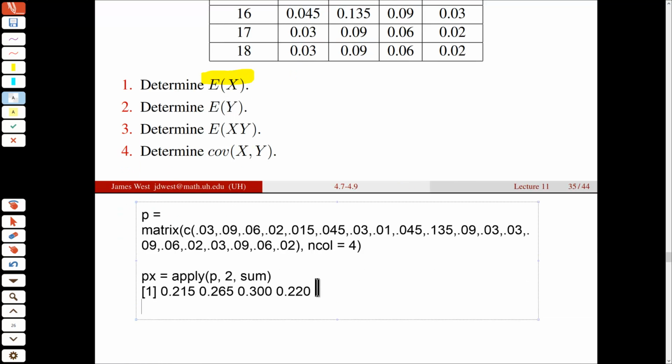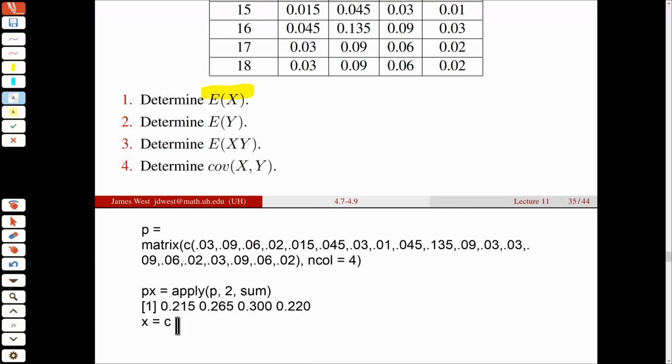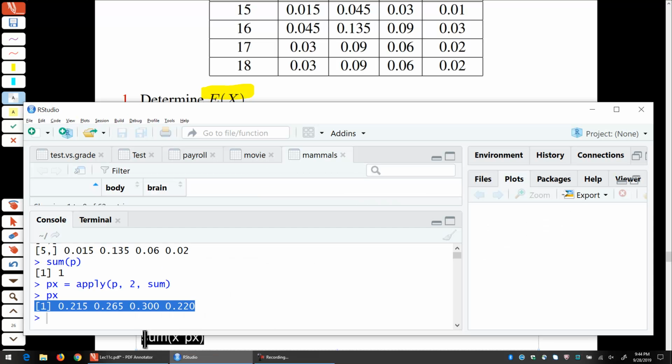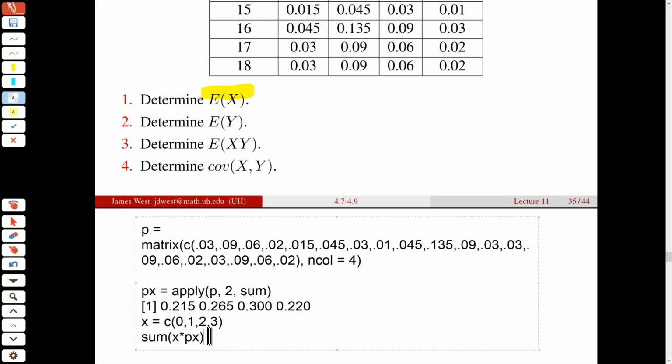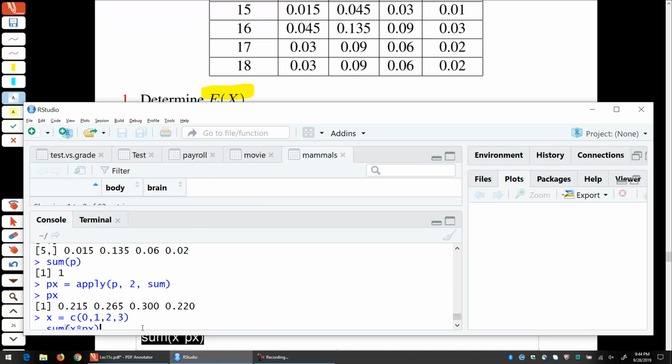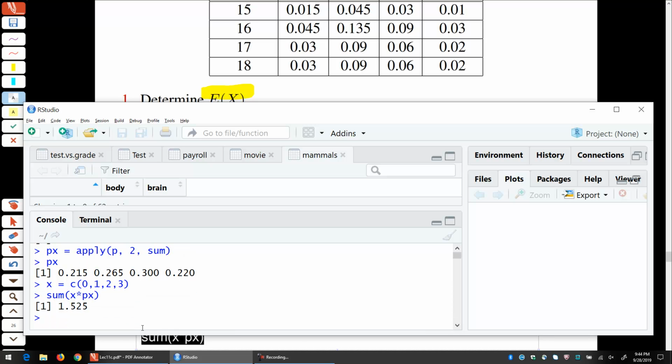My X values were 0, 1, 2, and 3. And so to get the expected value of X, I can simply sum up X times pX. 1.525.